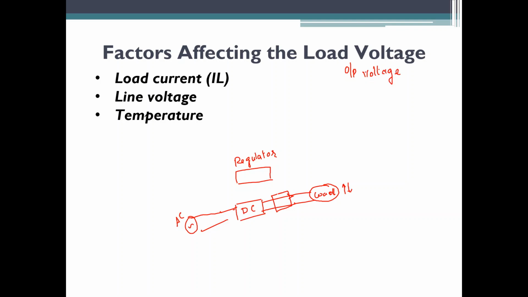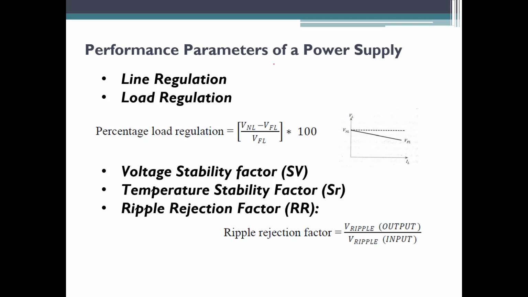Going on further, let's check out some of the performance parameters of the power supply. When I speak about a DC power supply, there are various parameters which measure the performance of that particular power supply. The performance of the overall power supply is judged by specifying some parameters called performance parameters, and those are the ones we are going to check out here.